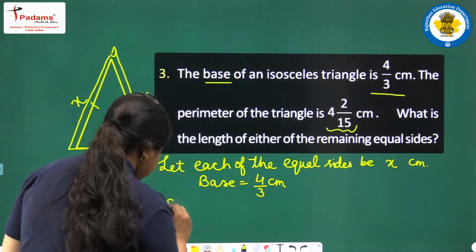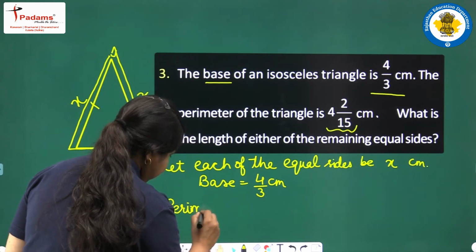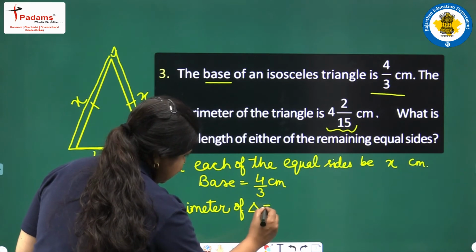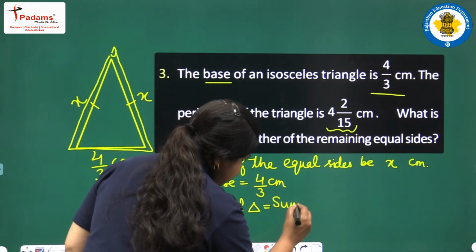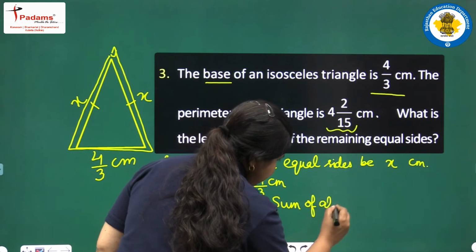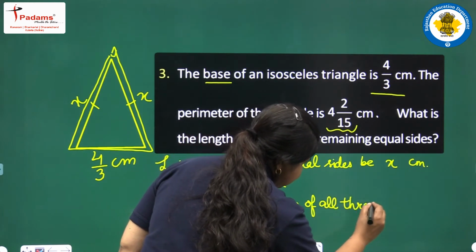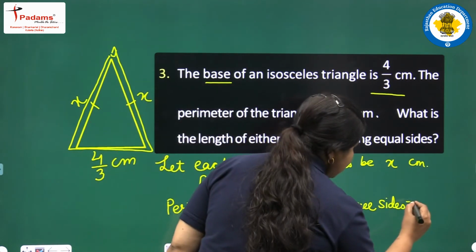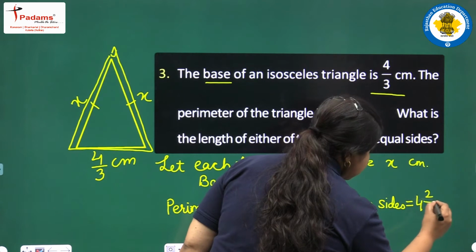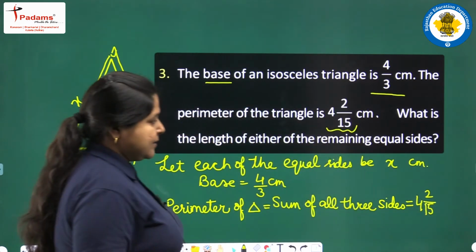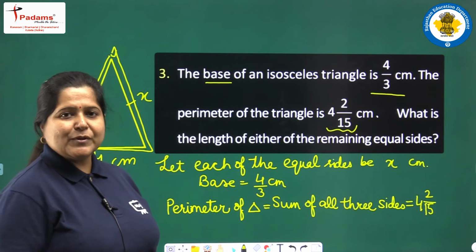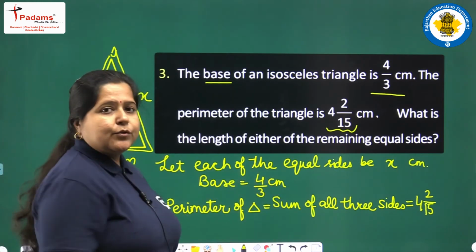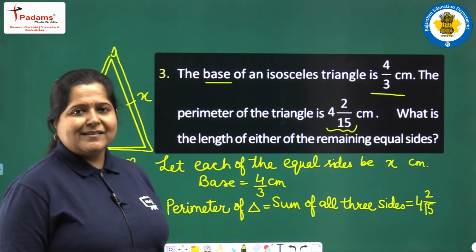So, perimeter of triangle is equal to the sum of three sides, and this has been given equal to 4 2 by 15 centimeters. Now, we will easily add the three sides, equate it to 4 2 by 15 and then get the answer. Let us do it.